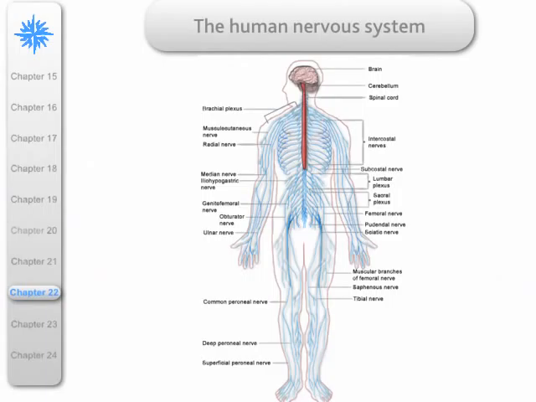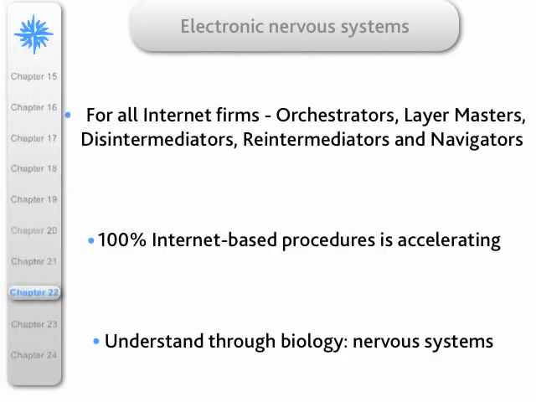In my opinion, what we have today for all internet firms, for orchestrators, layer masters, disintermediators, reintermediators and navigators, 100% internet-based procedures, it's accelerating. We can get a grasp on it through the nervous system which I talked about earlier.